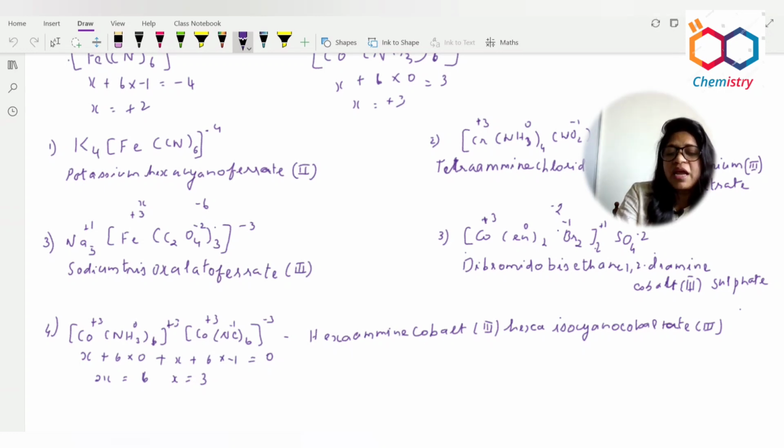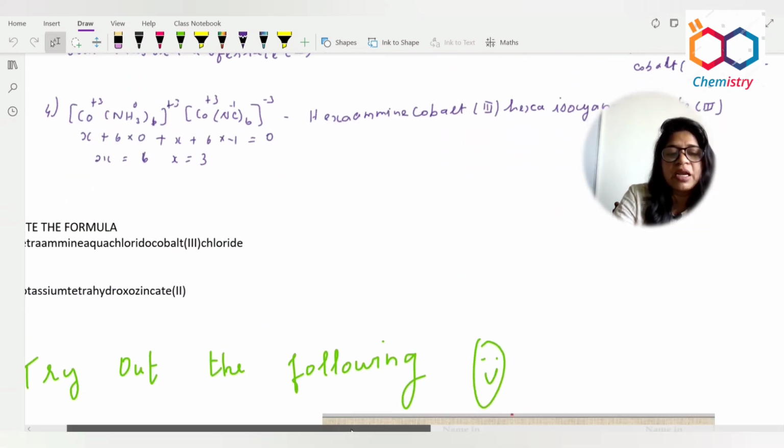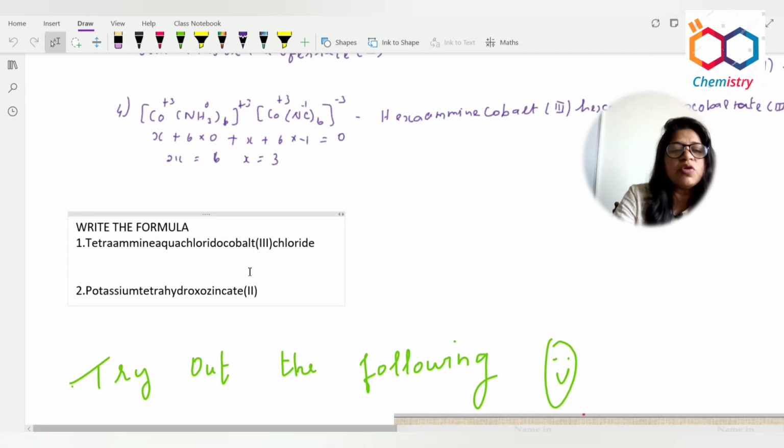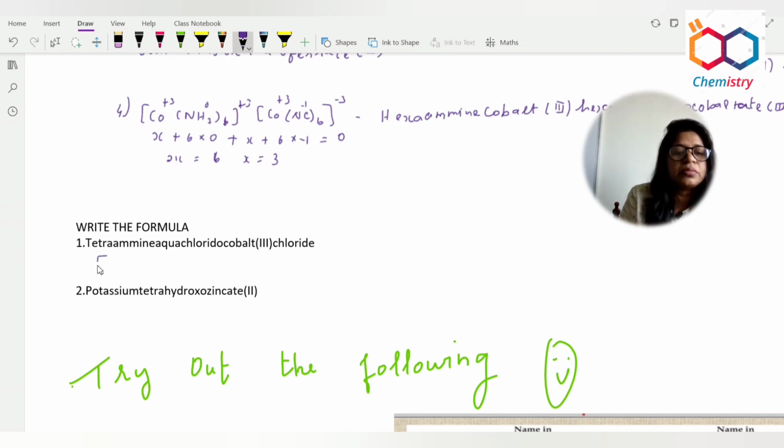Now another way they will ask in the exam is, they will give you the name and you have to write the formula. Okay. Now when they give you the name, how do you write the formula? Here you can see tetraammineaquachloridocobalt(III) chloride. So you know cobalt is the central metal ion. Open the square bracket. Put cobalt.